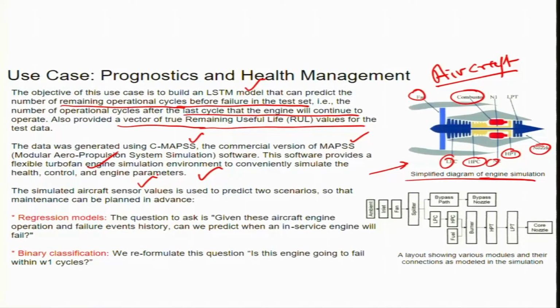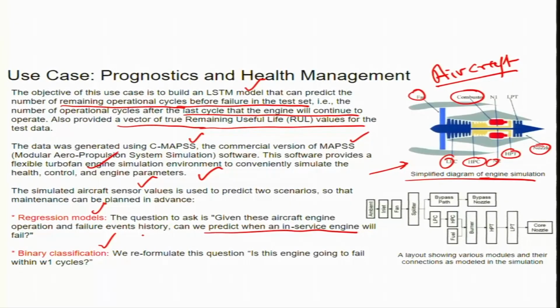So, the simulated aircraft sensor values are used to predict two scenarios. One is the regression model, the other is called binary classification. The regression model will answer questions like, given these aircraft engine operations and the failure event history, can we predict when an in-service engine will fail.